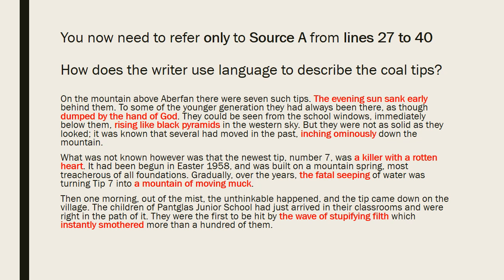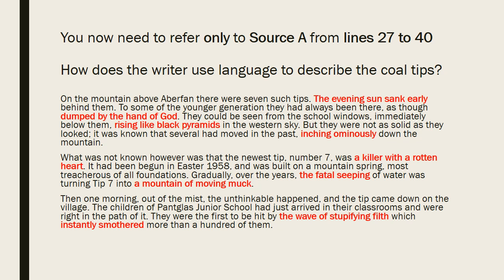Some of them are obvious because they're images: rising like black pyramids, a killer with a rotten heart, a mountain of moving muck, a wave of stupefying filth. They're clearly images, similes, metaphors, personification. Some are just choice of descriptive words: fatal, seeping, inching ominously, instantly smothered.